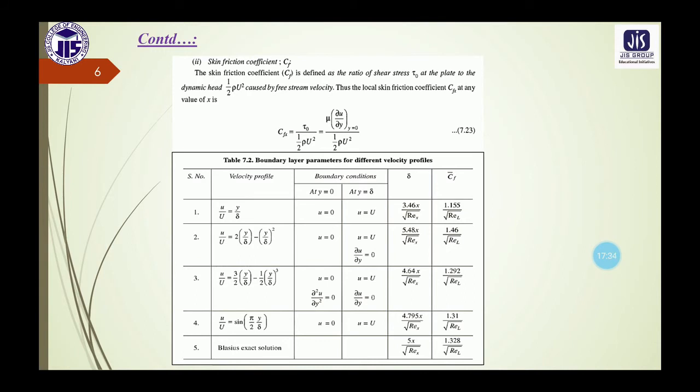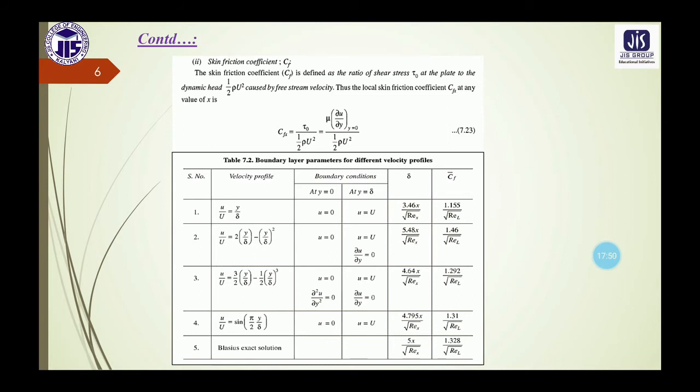In that case, one question arises: which velocity profile do we need to consider, because no equations are given in the question, but we still need to find the value of the boundary layer thickness.